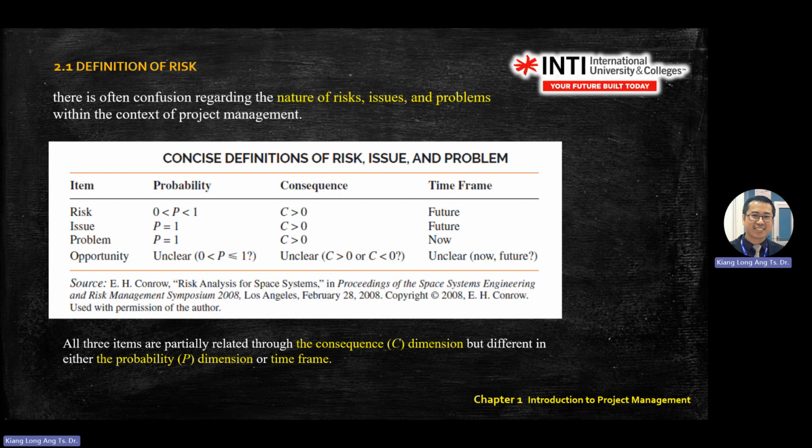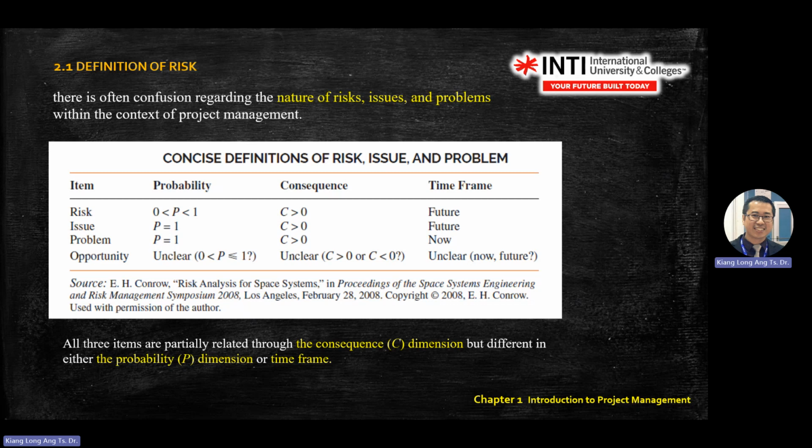Problem is what is happening now at the present time. Probability is 1 because it already happened and is happening now. The time frame is now. Consequences is more than 0. Another one, opportunities. This word is highly mentioned in the business world. They mention opportunity or what, opportunity or what. Time frame unclear.